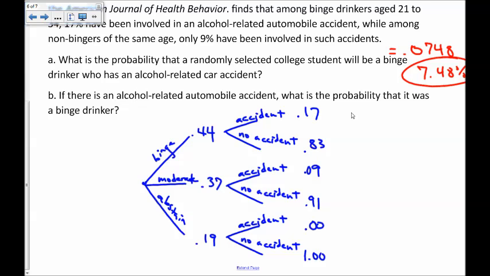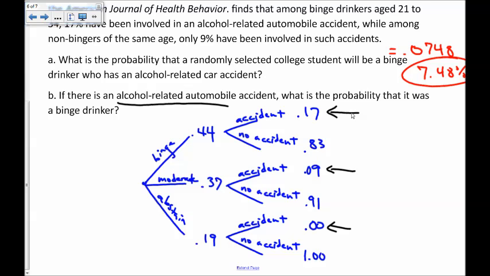Okay, B, if there is an alcohol-related automobile accident, what is the probability that it was a binge drinker? Now, this is a conditional probability looking at alcohol-related automobile accidents. Let me look at those. That's this kind and this kind, and I can look at this one too, but that'll be 0.